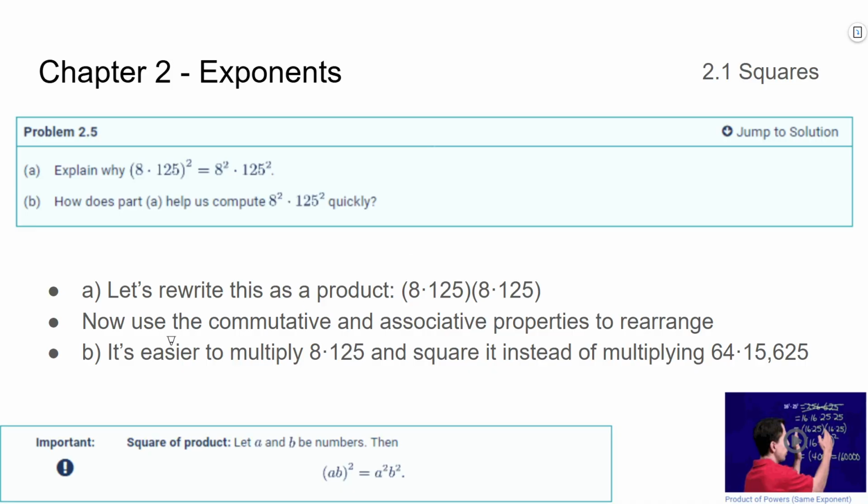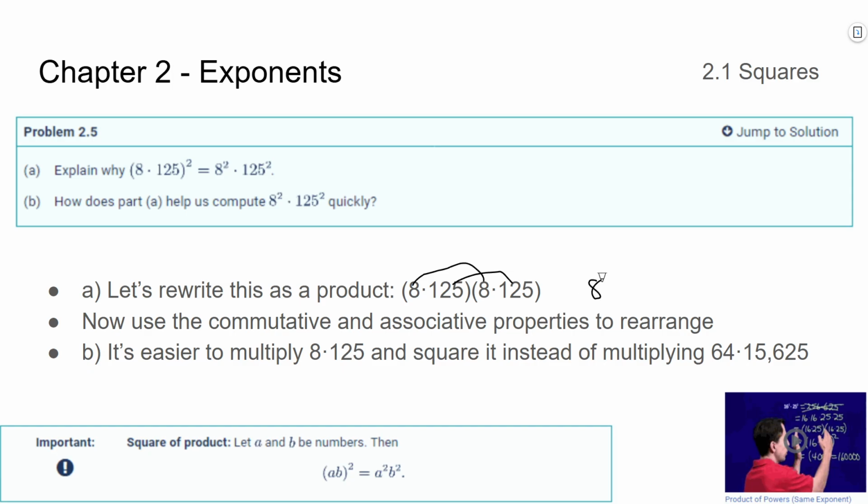But we can use the commutative and associative properties now. This is all multiplication. This is going to be 8 times 125 times 8 times 125. It's all multiplication everywhere, which means we can use associative and commutative properties. So now we can move things around. Now we can combine these here, and we can combine these here.